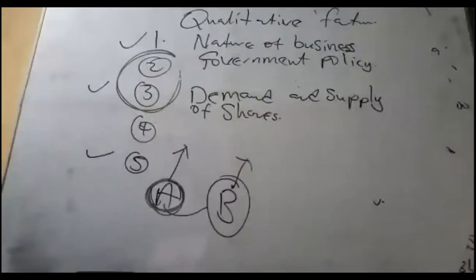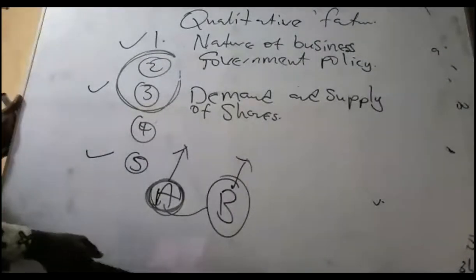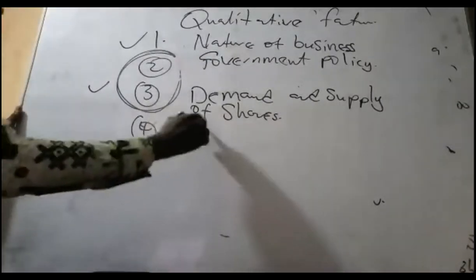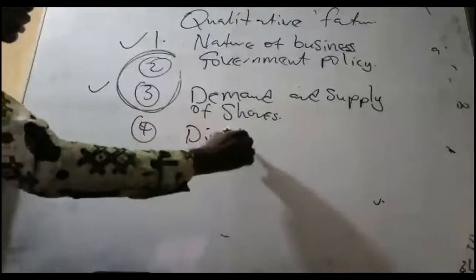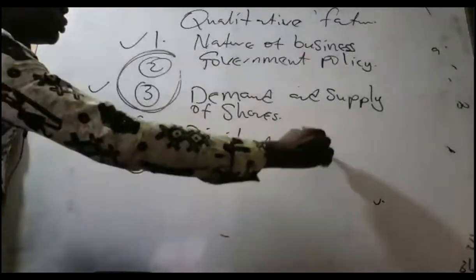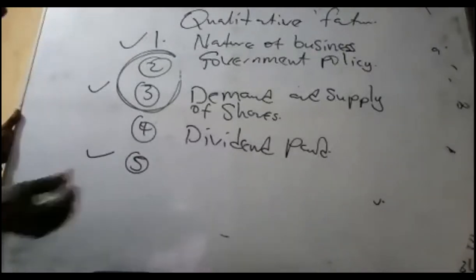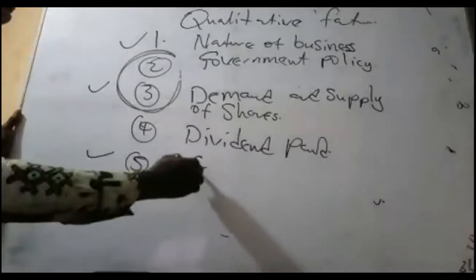Good. And then it can also be influenced by the dividend that you pay. So dividend, we're looking at the key ones. Dividend paid. And then your earnings. Either the earnings yield or the earning capacity.